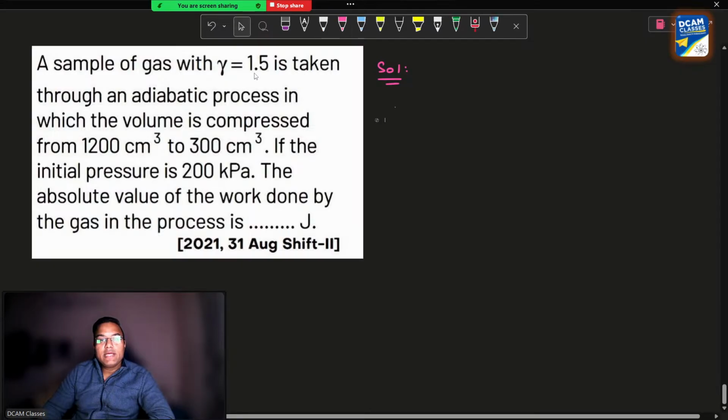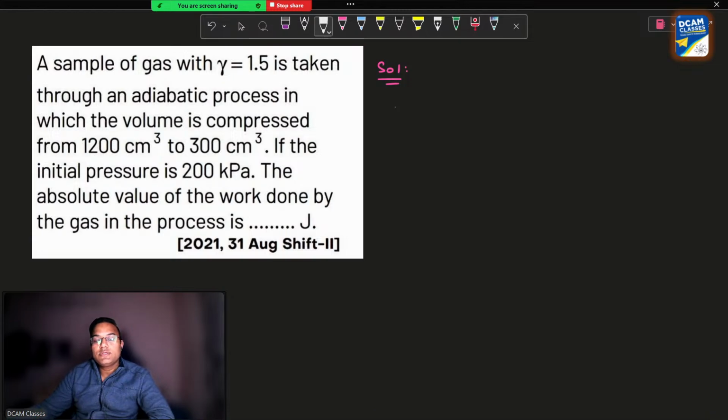A sample of gas with gamma equal to 1.5 is taken through an adiabatic process. So that means the process is PV power 1.5 is equal to constant. Volume is compressed from 1200 to 300.